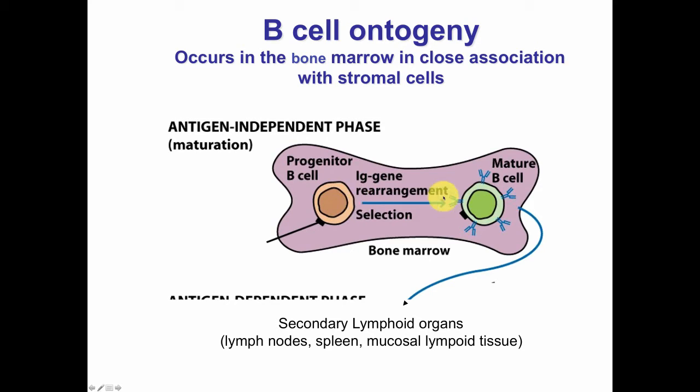So for both B cells and T cells, in this case for B cells, you have a lymphoid progenitor cell that does not express an antigen receptor, but it undergoes somatic recombination or antigen receptor gene rearrangement, as I mentioned in the previous lecture, on the path to becoming a mature B cell, where these cells will express the mature form of the B cell antigen receptor. And after this process is complete, and only after that, will these cells then leave the primary lymphoid organs and seed secondary lymphoid organs like lymph nodes or spleen or mucosal-associated lymphoid tissue.